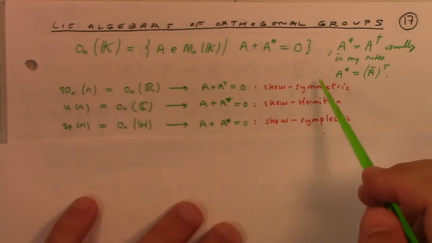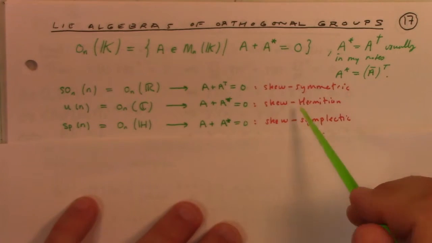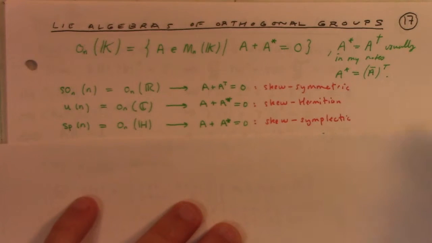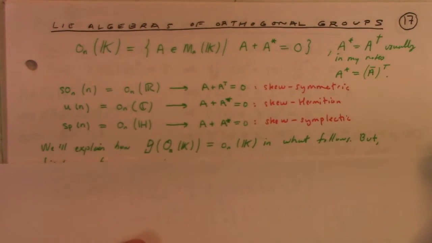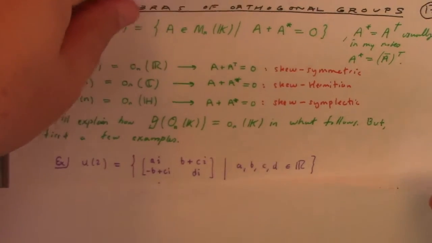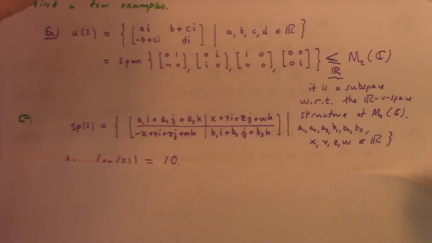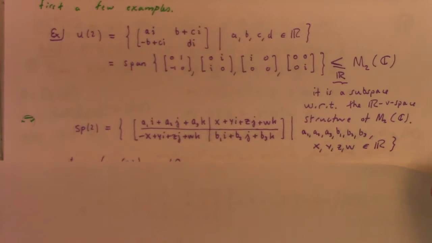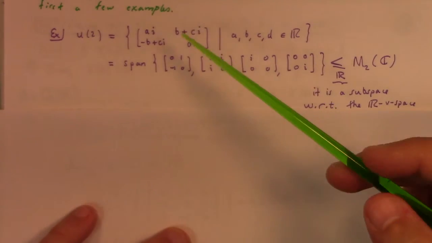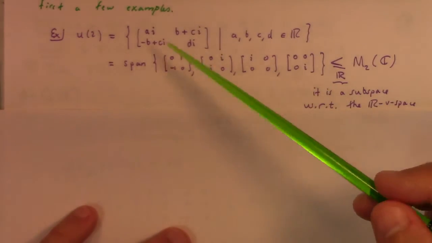So in different cases it's different things. In the case of the reals, it's skew symmetric. In the case of the complexes, it's skew Hermitian. In the quaternionic case, it would be skew symplectic. Let me show you an example or two before we get into the proof. First of all, here's U2, skew Hermitian.